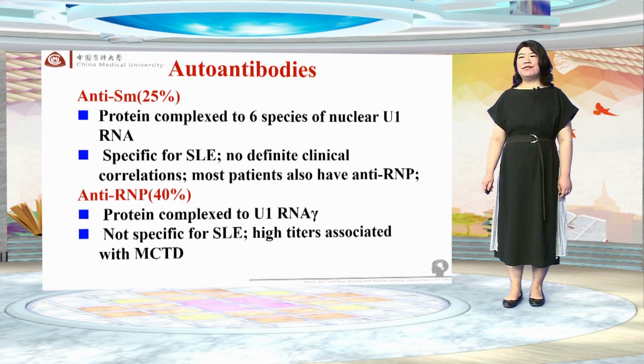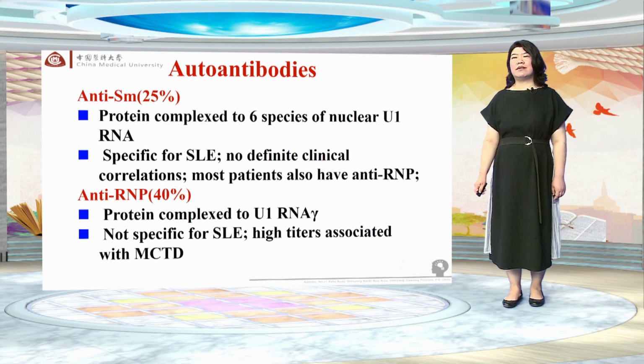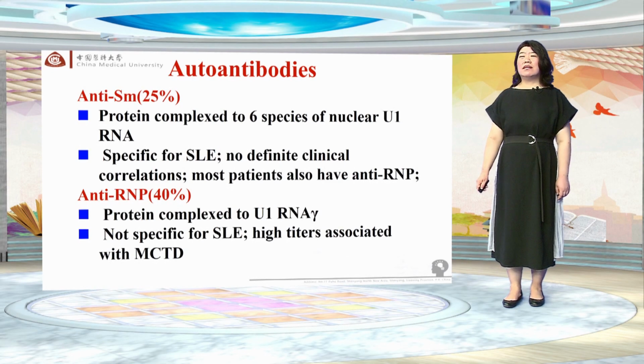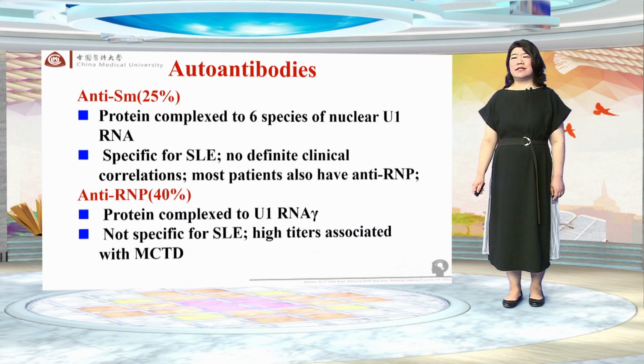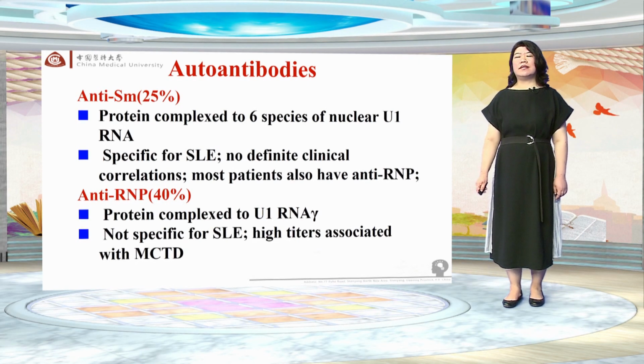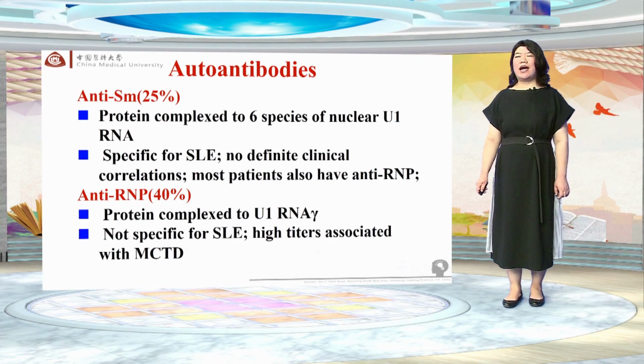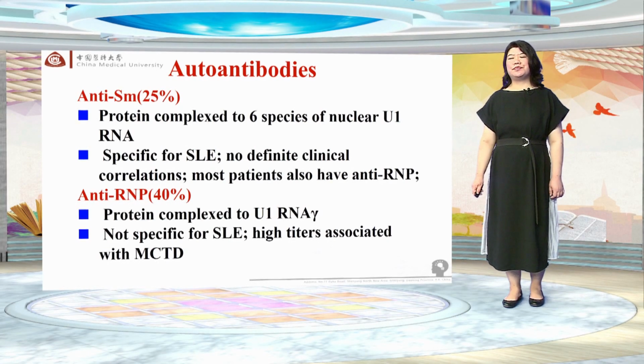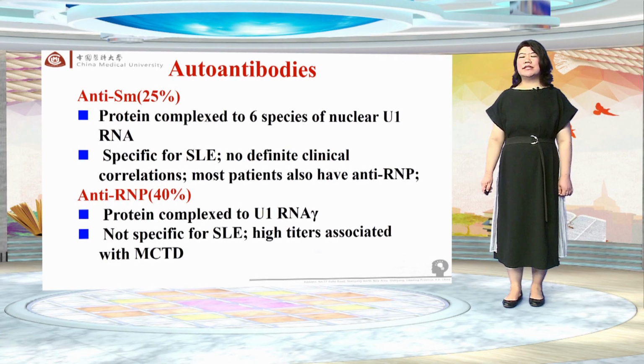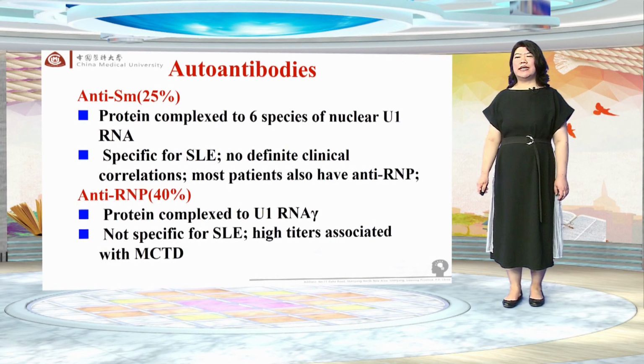But there is still some difference between these two kinds of antibodies. Anti-Smith antibody is not correlated with disease activity. And anti-Smith antibody usually occurs together with anti-RNP antibody. Nearly 40% of lupus patients may be anti-RNP antibody positive.